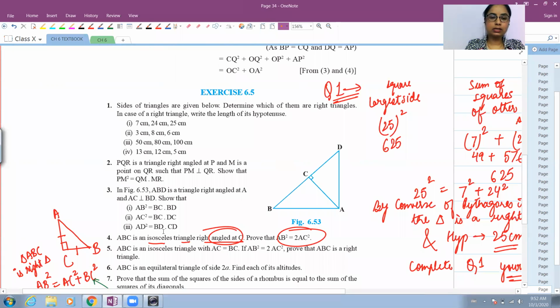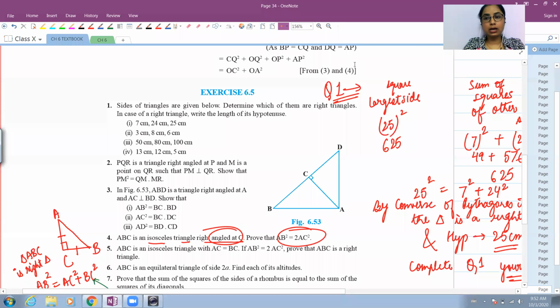And all these three results will be proved using 6.7, the theorem which we have, that when we construct a perpendicular from the vertex containing a right angle to the hypotenuse, each of the smaller triangles is similar to the whole triangle and they're similar to each other. So for this particular question, I'm going to directly use the theorem, but if this same question comes to you for 4 marks, then you will prove the similarity of triangles, then write these results, that the sides are in proportion and hence you get this answer. I hope I'm making myself clear here.